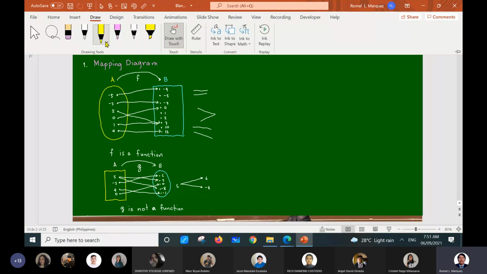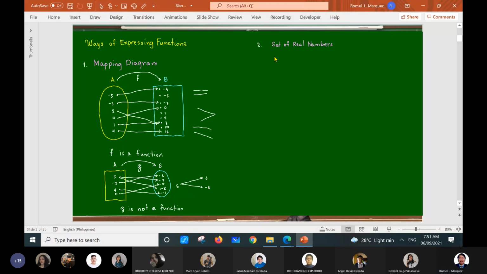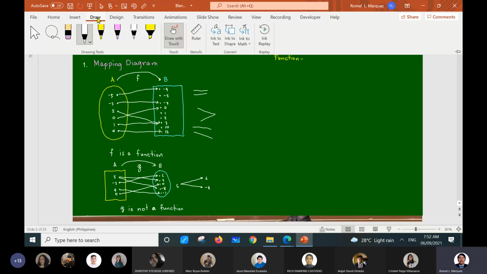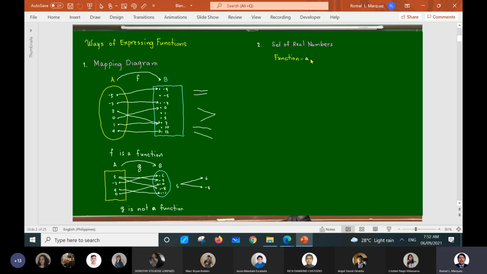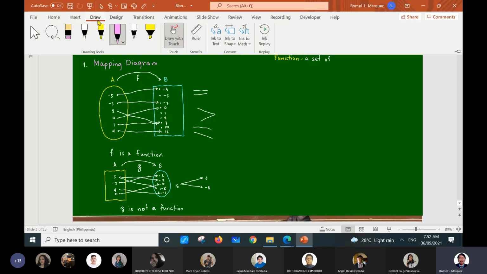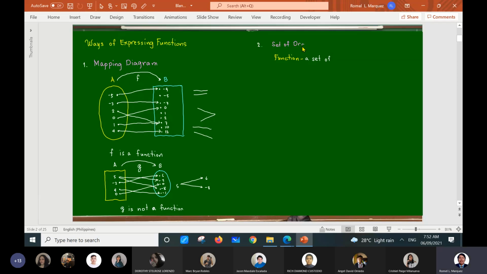We can also define function as a set of real numbers, no? So, again, function, I can define it also as a set of ordered pairs. Actually, not a set of real numbers, but a set of ordered pairs. Let me correct that.